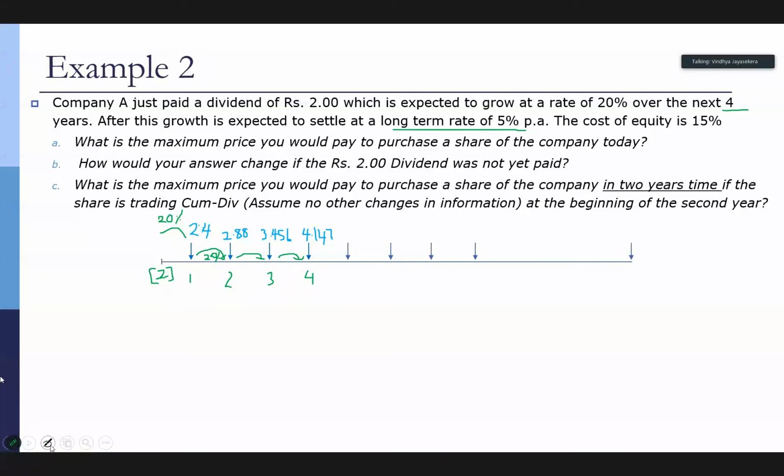So what is my next dividend? From 4.147 at 5%, my next dividend is going to be 4.354.